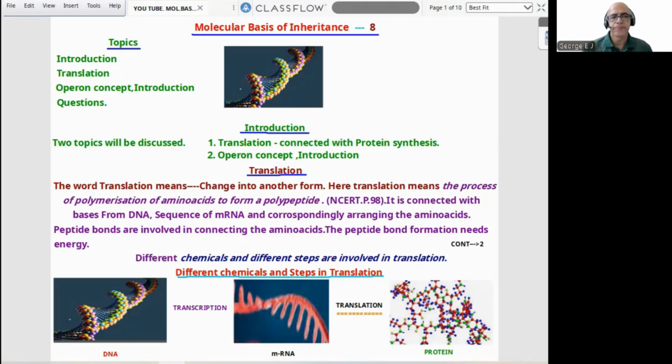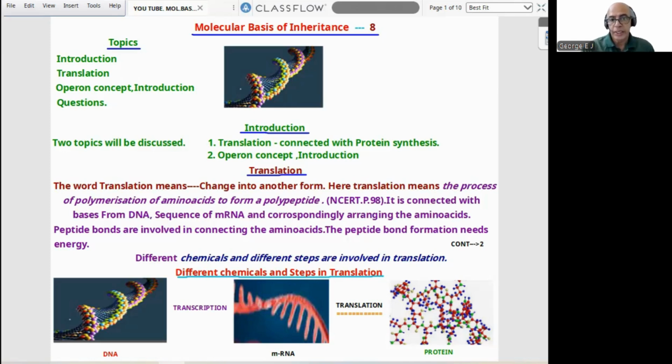Now translation. See, the word translation means change into another form, translate. Here, in this context, translation means the process of polymerization of amino acids to form a polypeptide. That is what NCERT has given on page number 98. It is connected with the bases from DNA being converted into a sequence of mRNA, that is transcription.